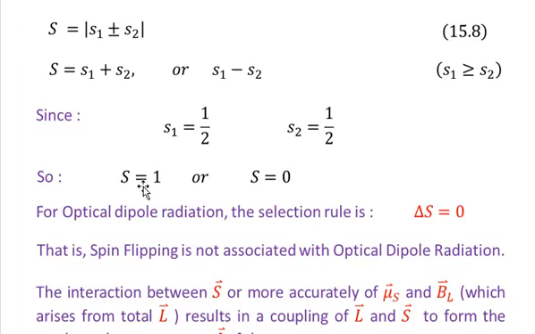So the transition from S equal to 1 to S equal to 1 will take place, or from S equal to 0 to S equal to 0 will take place, because for both these transitions, delta S is equal to 0. That is, spin flipping is not associated with optical dipole transitions. The transition from S equal to 1 to S equal to 0, where the spin flips, is not allowed in optical dipole radiation.